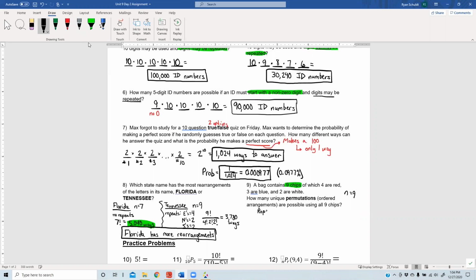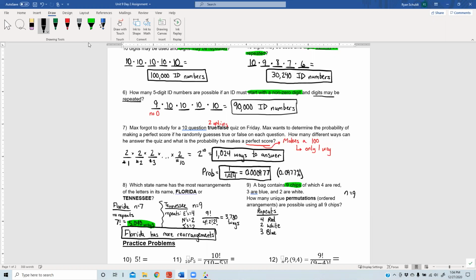Let's make note of all this. There's 4 reds, 2 whites, and 3 blues. Those are all repeats.